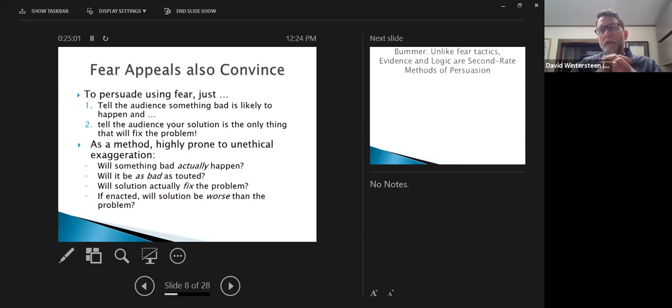Because if you restrict gun ownership, we're going to have no protection against a tyrannical government. So that would be worse. So we're going to live with children being shot because we are afraid that the solution is worse than the problem. That's a real world example. Okay, so fear appeals are very convincing and they're very powerful.